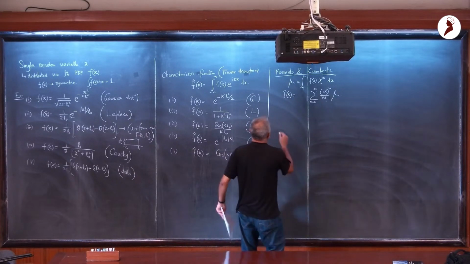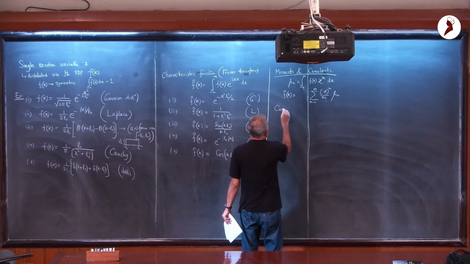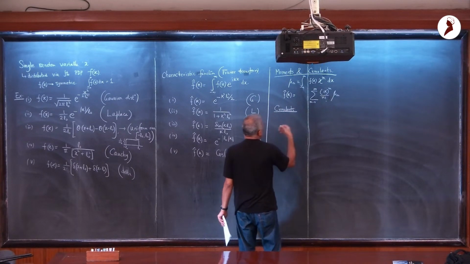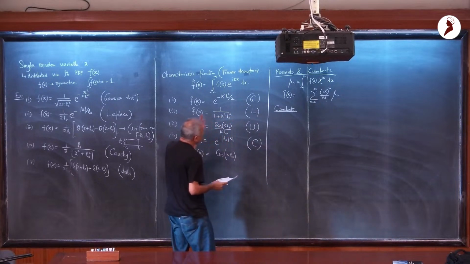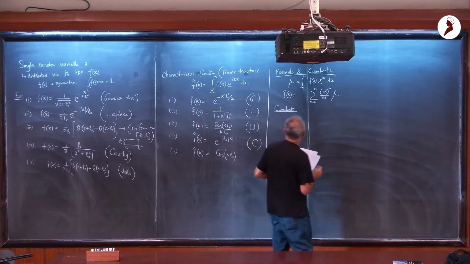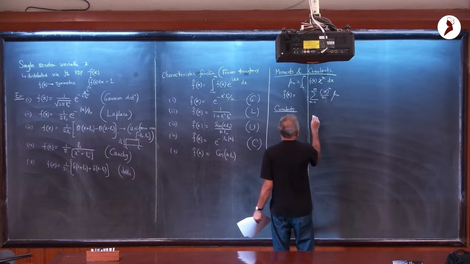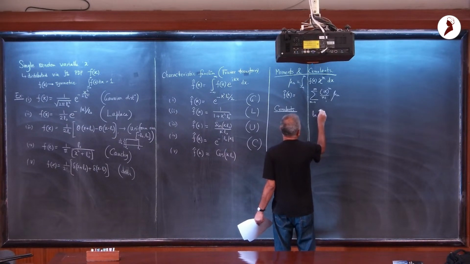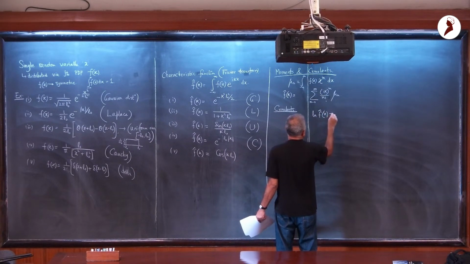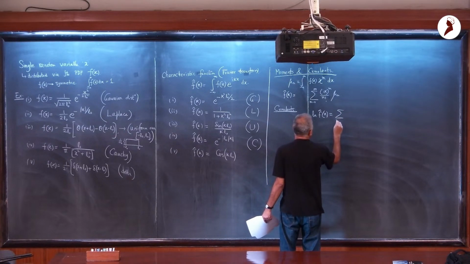And cumulants are also another set of observables which give you an idea of the shape of this curve. Cumulants are defined like this: you take a log of the Fourier transform and you expand in powers of k again.